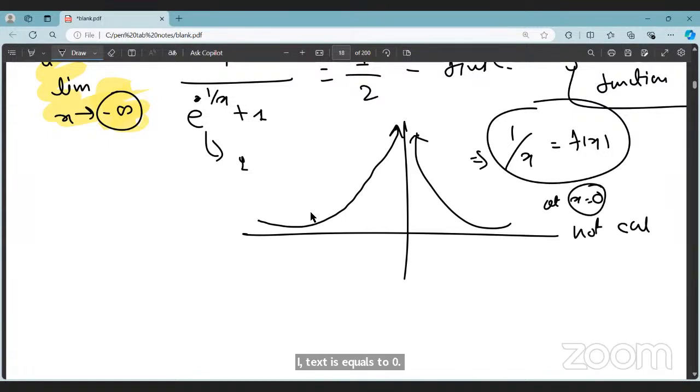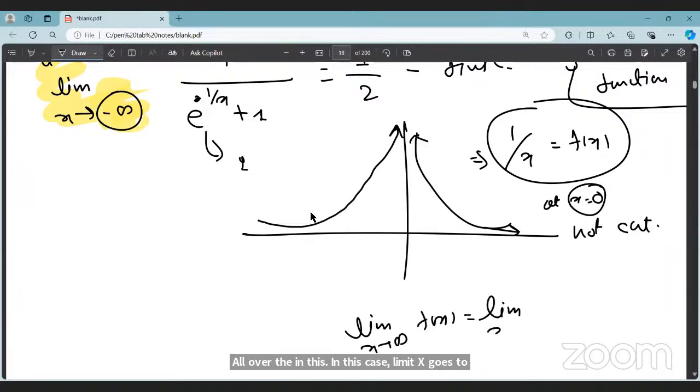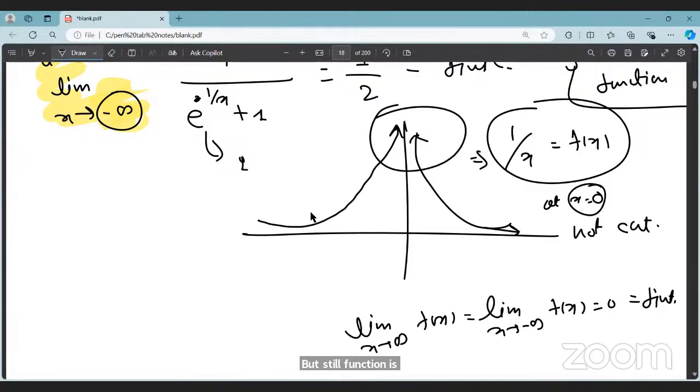So the function is not continuous everywhere. In this case, the limit as x goes to infinity of f of x, as well as the limit as x goes to minus infinity, are both equal to 0 and finite, right? But still the function is unbounded, because it is not continuous at that particular point.